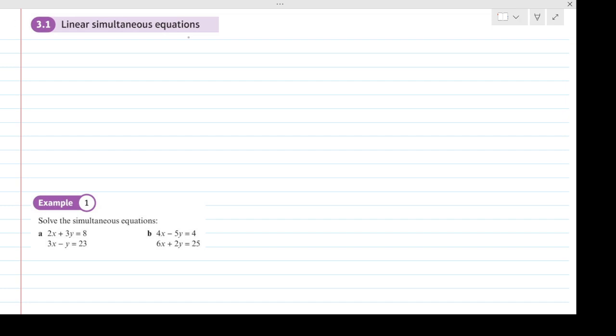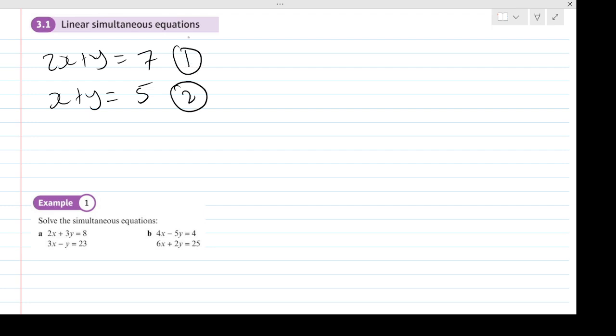So for example, 2x + y = 7 and x + y = 5. These are two different equations, right? Equation 1, equation 2. But the two different equations have x and y, so the same variables.